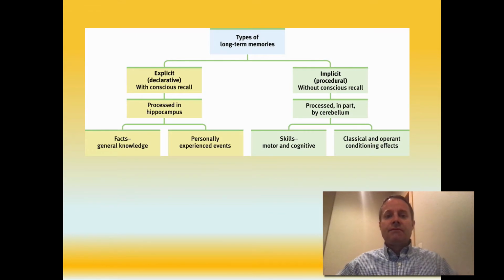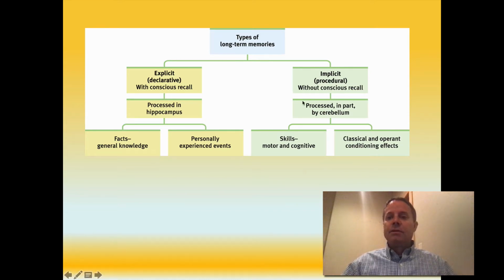Storage, retaining information. So when we put info into long-term memories, we can divide them into two types: explicit and implicit. Explicit involves facts and general knowledge, like everything you learn in school, and personally experienced events. What happened to you on Tuesday? Where did you eat lunch last weekend? Who was your kindergarten teacher?